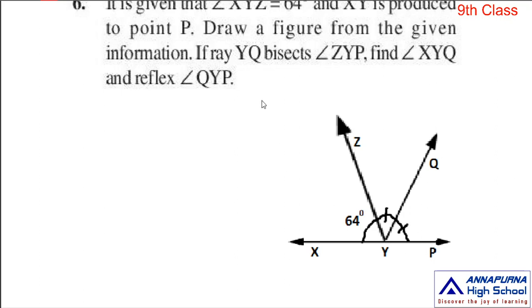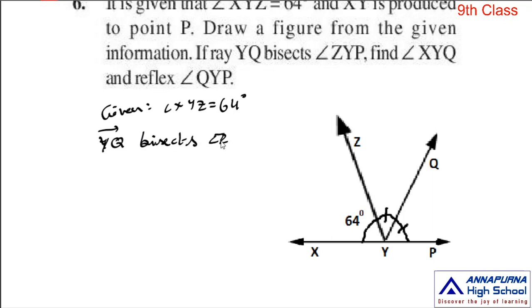Start the solution. Given angle XYZ is equal to 64 degrees, and the ray YQ bisects angle ZYP.